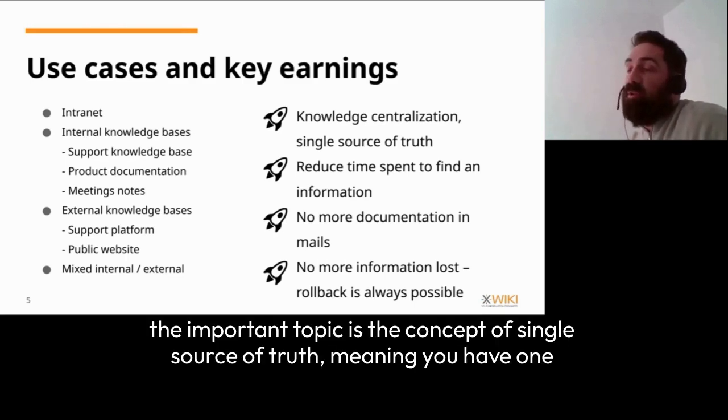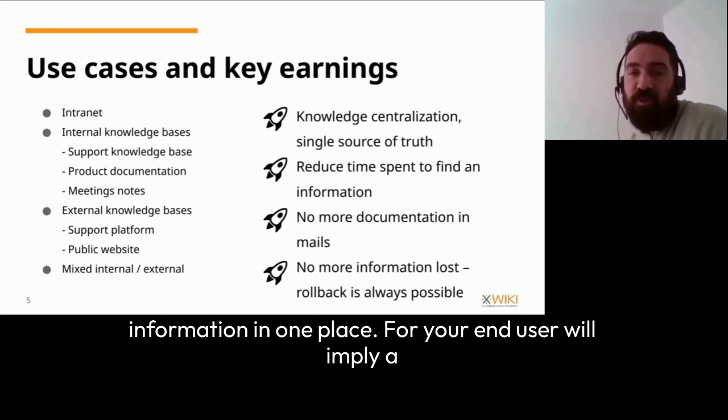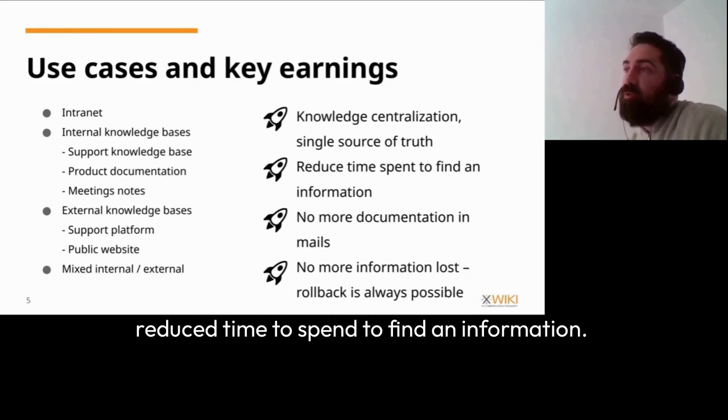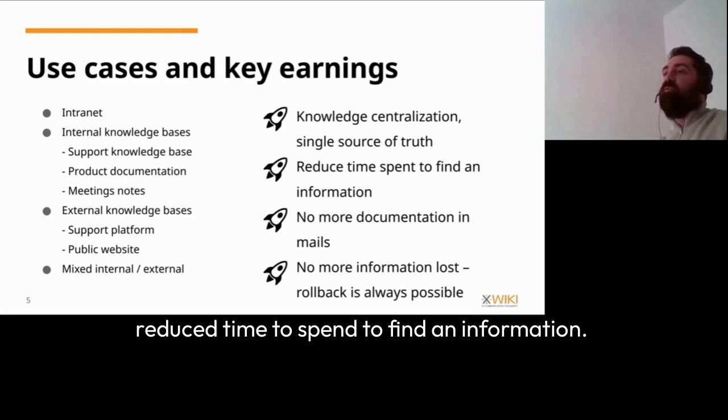The important topic is the concept of single source of truth, meaning you'll have one information in one place. For your end users, this will imply a reduced time to spend to find an information.